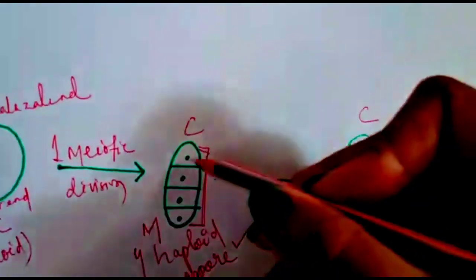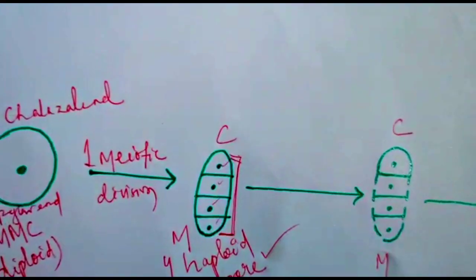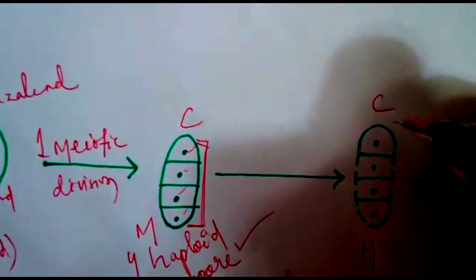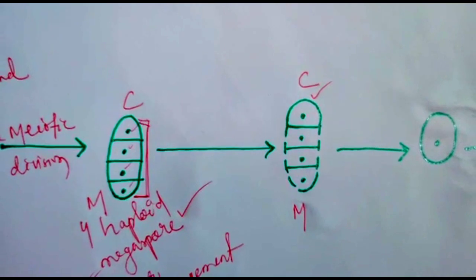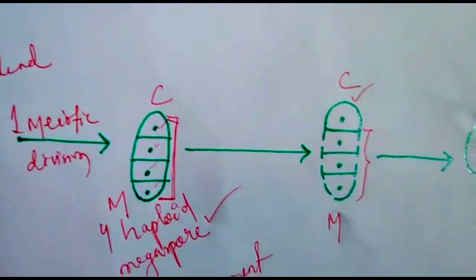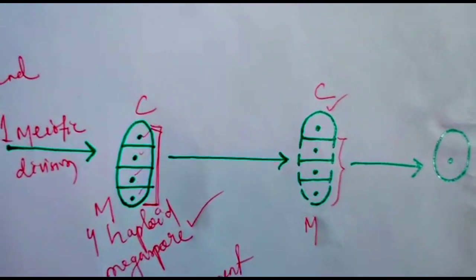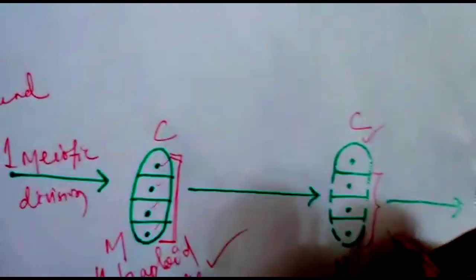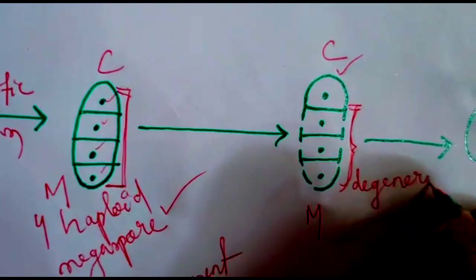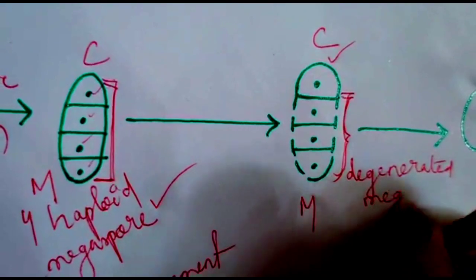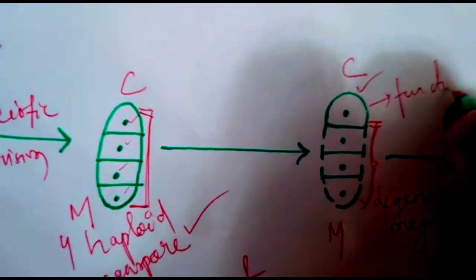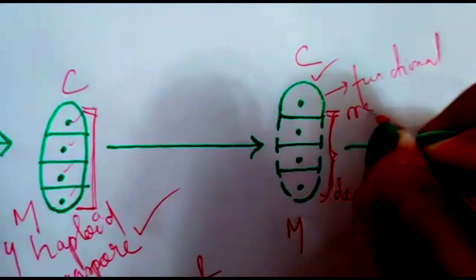Out of all these 4 haploid megaspores, the megaspore which is present at the chalazal end becomes functional and the 3 megaspores which are towards the micropylar end degenerate. So, these 3 are the degenerated megaspores and this is the functional megaspore.